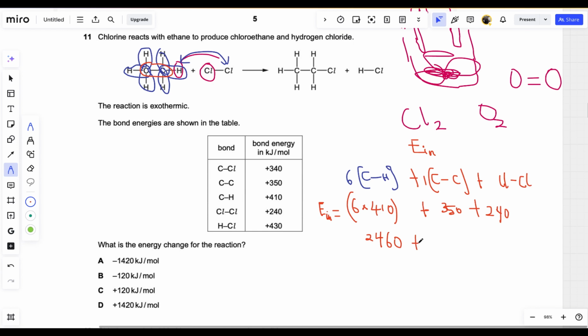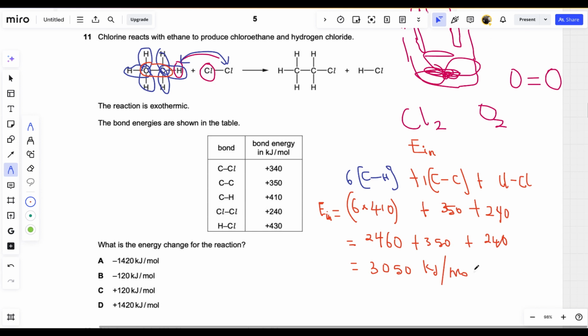So what's the total? You get 3,050. That's your total energy in. So the total energy in is 3,050 kilojoule per mole. Remember the unit is kilojoule per mole. You can see the unit here, kilojoule per mole. So this is the unit for your energy in.